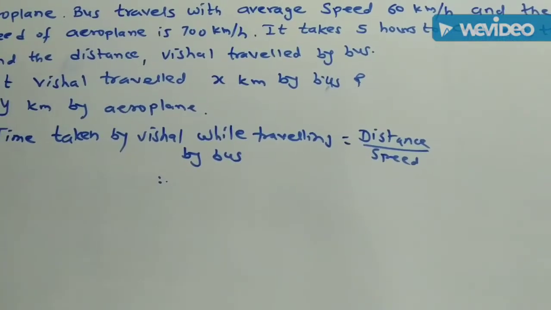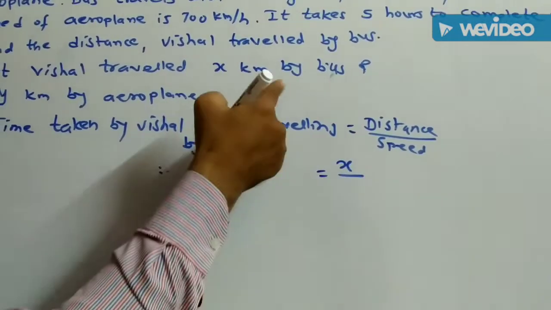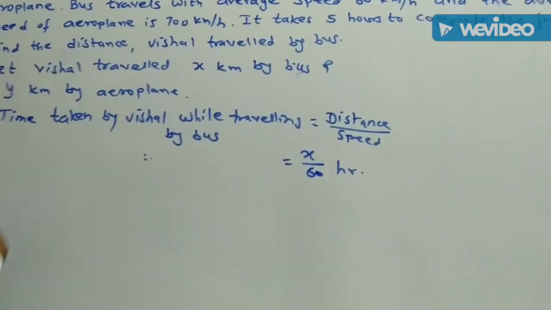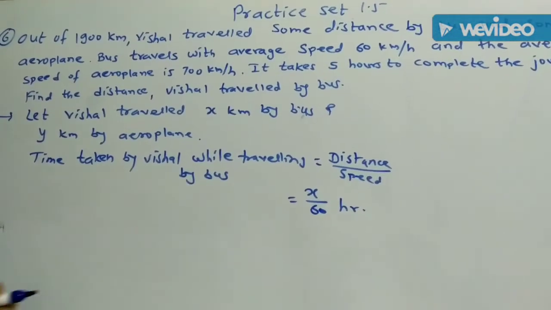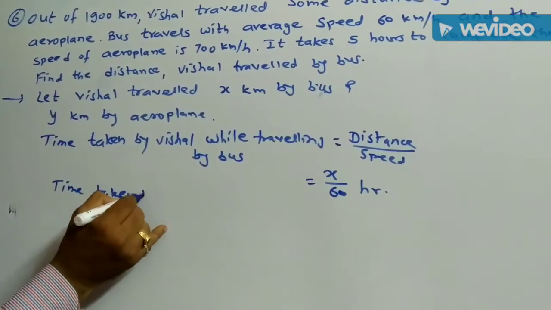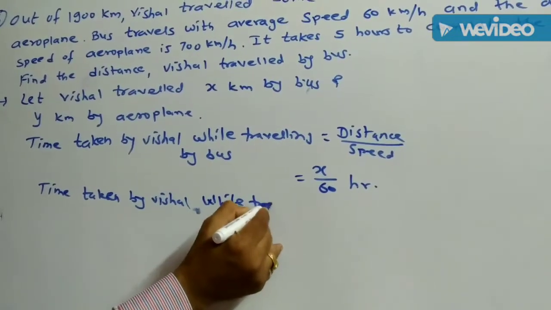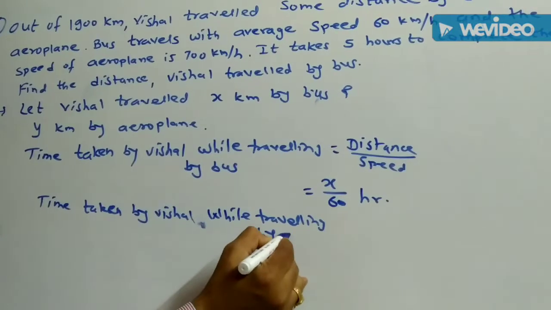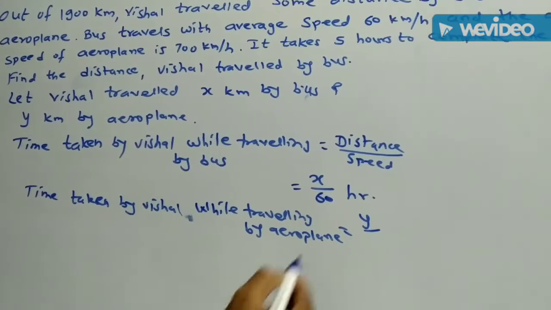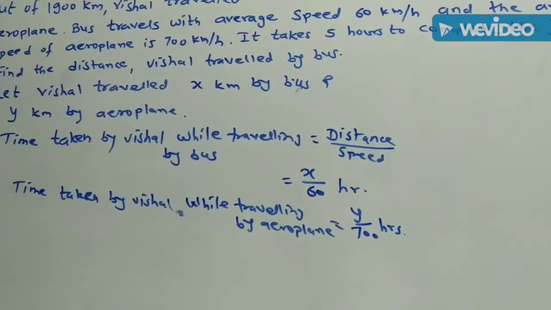Now for the time taken by Vishal while traveling by bus, the distance is x and the speed of the bus is 60, and therefore the time is x upon 60 hours. Similarly, time taken by Vishal while traveling by aeroplane: distance is y and speed of the aeroplane is 700, so the time is y upon 700 hours.